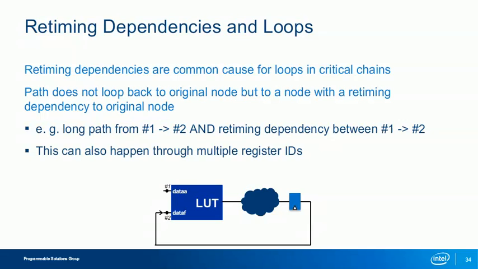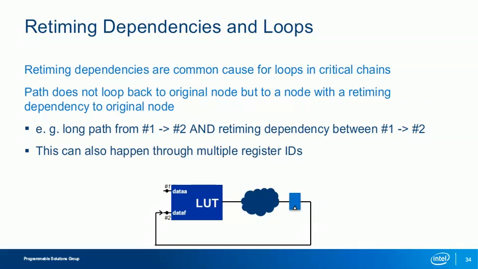So what happens with loops created by retiming dependency nodes is that the loop path does not return to a prior loop point, but instead the loop path leads to a node that has a retiming dependency with the original node. So from a retiming standpoint, a loop still exists.